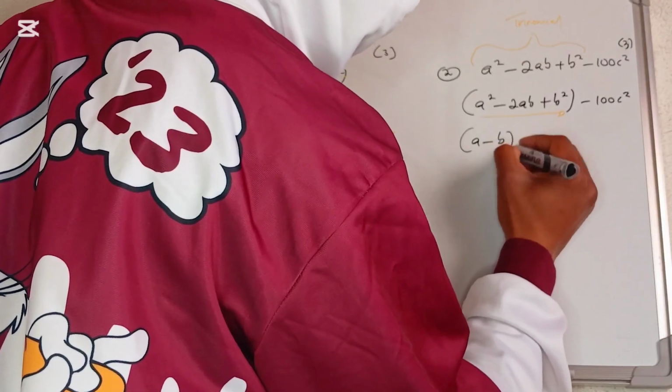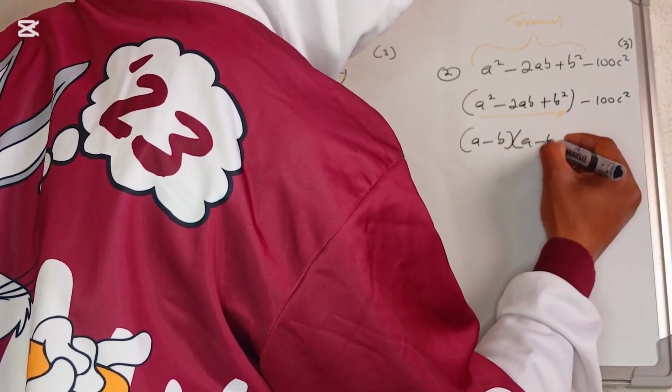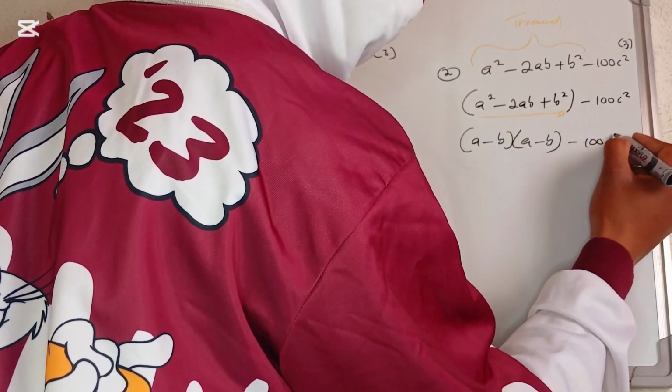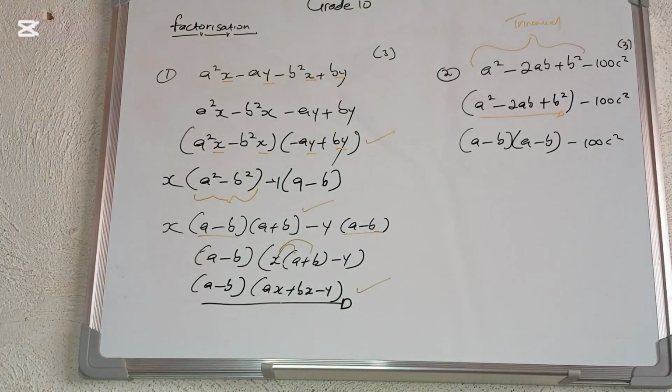A minus b, a minus b, right? We're going to have what? 100c squared. You see what we have done? We have factorized our trinomial, and we have what? The factors here. A minus b times a minus b.